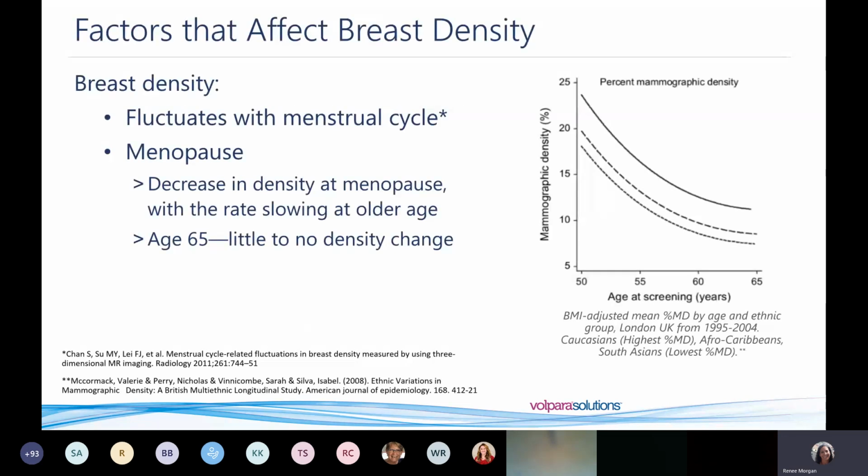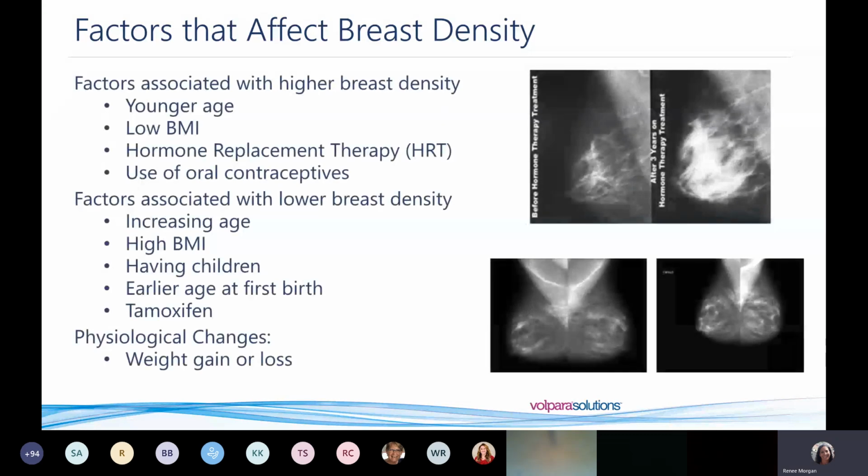Breast density does fluctuate with the menstrual cycle. Estrogen plays a huge role, and when going through menopause and the lack of estrogen, we're going to see a decrease in density with the rate slowing at older age. And once you get over 65, there's typically little or no density changes.